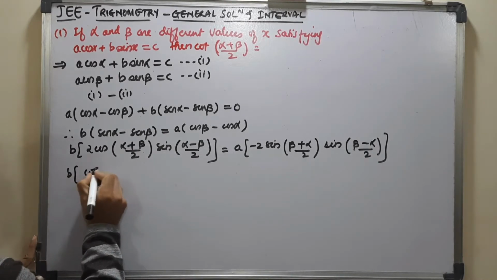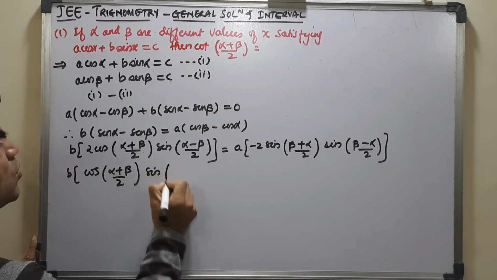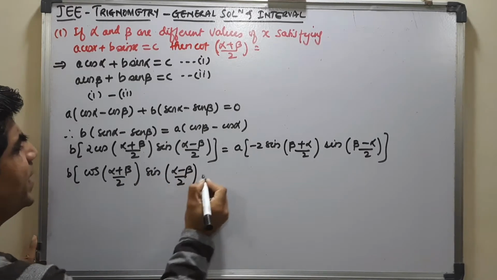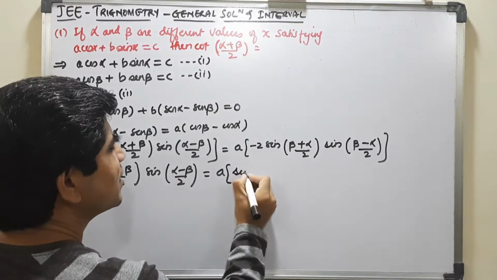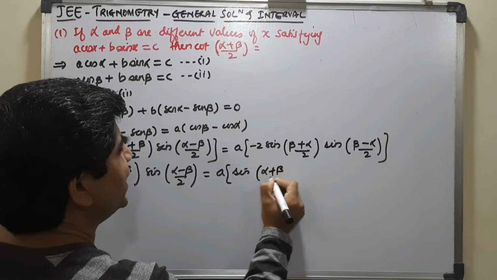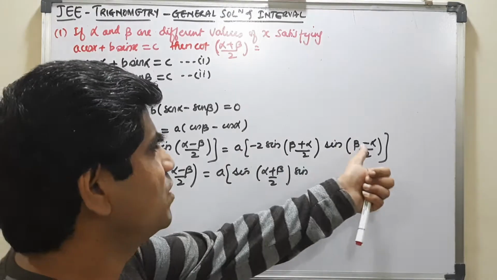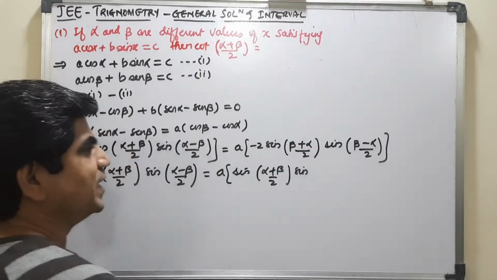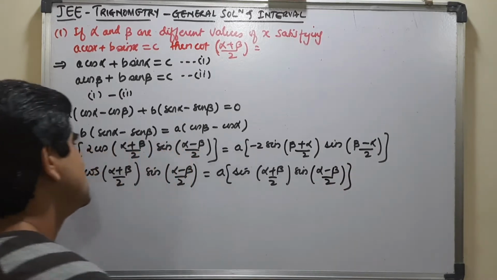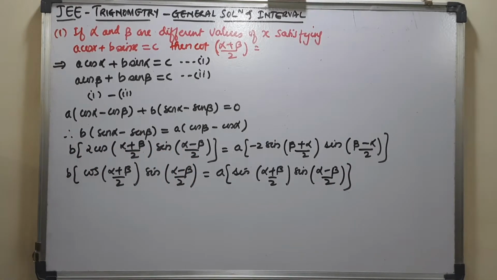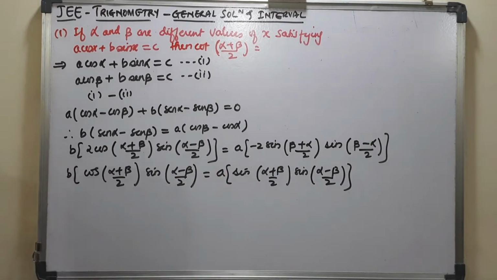So I get this as b cos alpha plus beta by 2 into sin alpha minus beta by 2, which is equal to a into sin alpha plus beta by 2 into sin, this minus 2 we have done as sin minus theta, so it will become alpha minus beta by 2. So obviously when you see this is sin alpha minus beta by 2 and this is also sin alpha minus beta by 2.